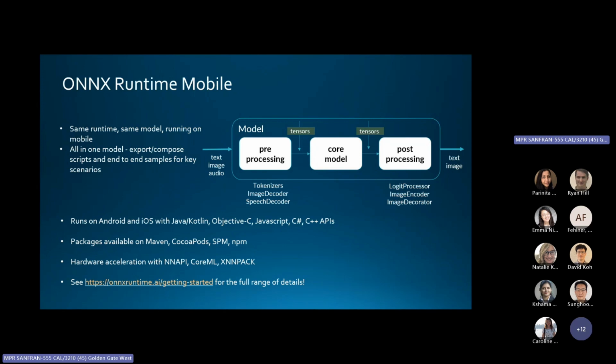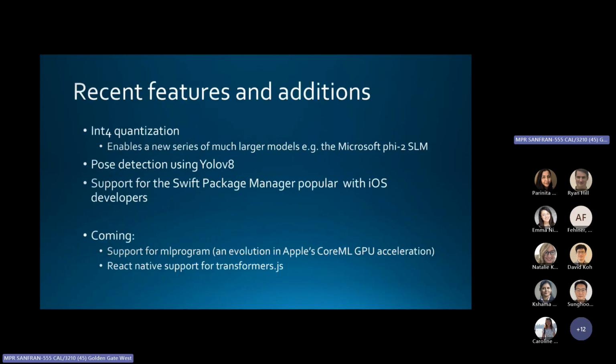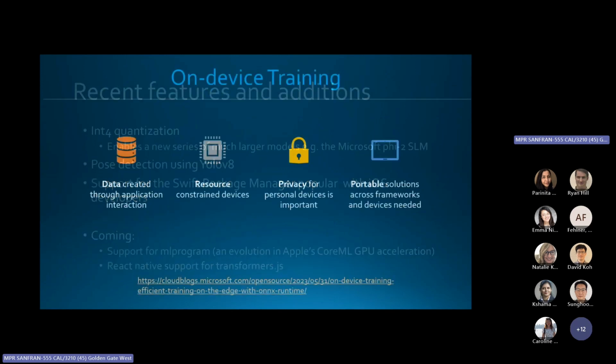All you need to do is expand your graph to include these pre- and post-processing nodes, and you're ready to go. So it's very easy for you to do this. And we will have engineer Wenbin talk about our next runtime extension. There are some new features coming up, but I'm going to skip this.